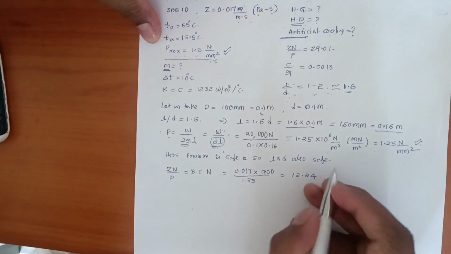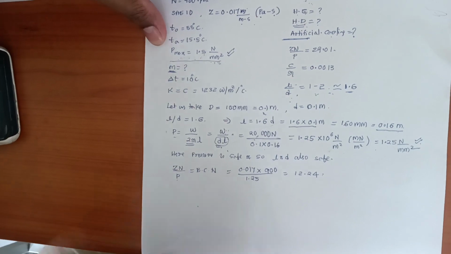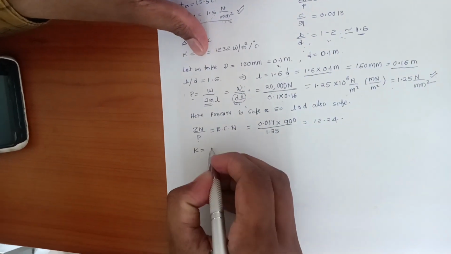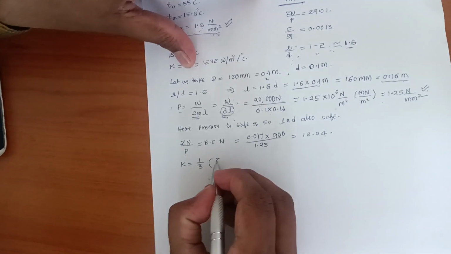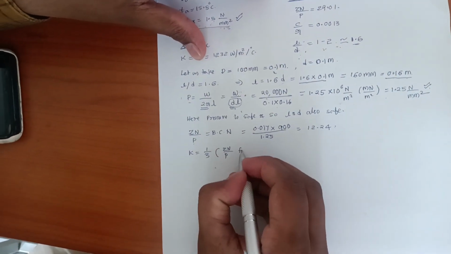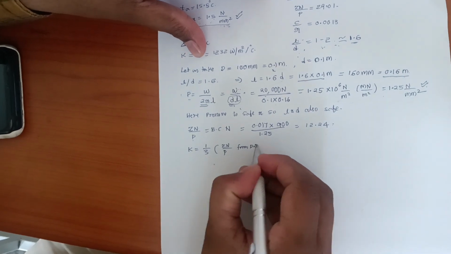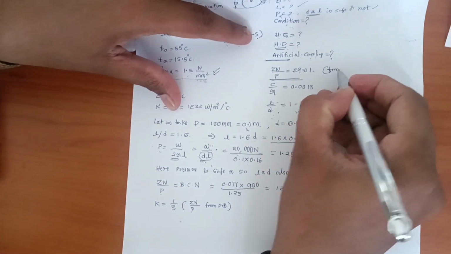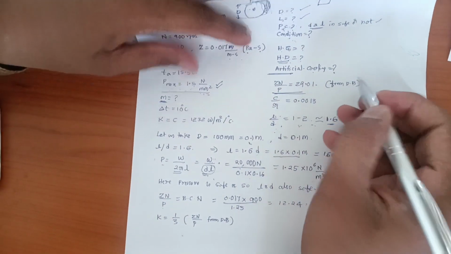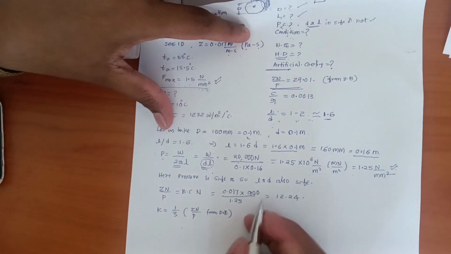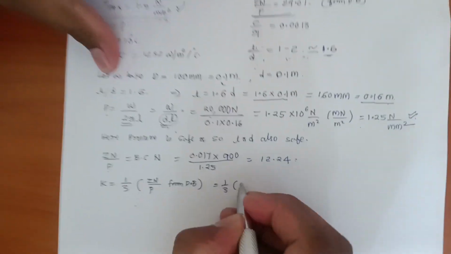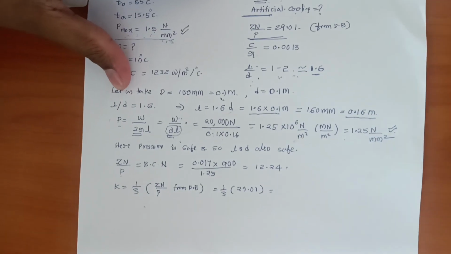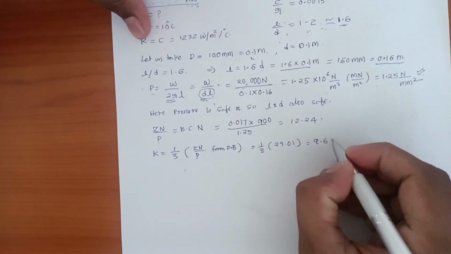Now we have to compare this value with K, where K is 1/3 of Zn by P from the data book. This is the Zn by P from the data book, that means 1/3 of 29.01, which is 9.666.